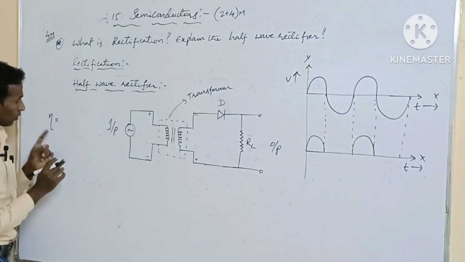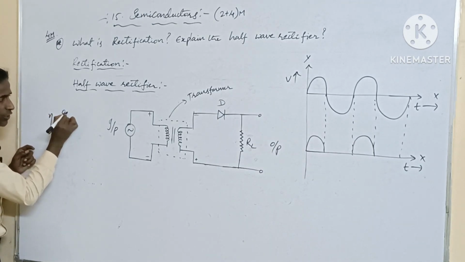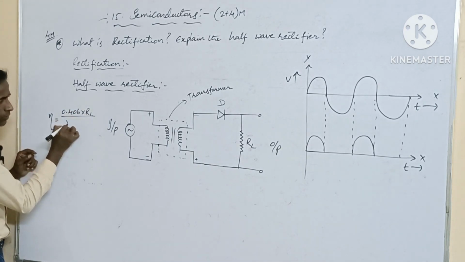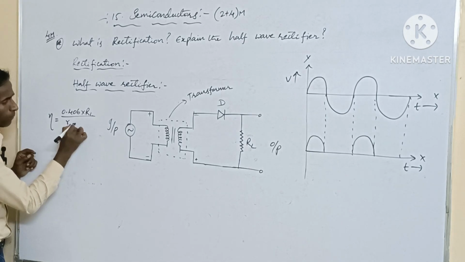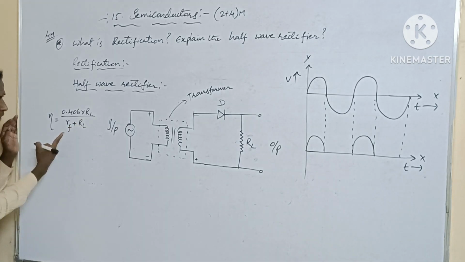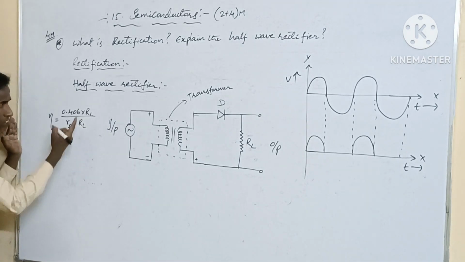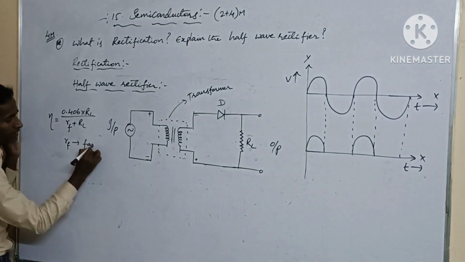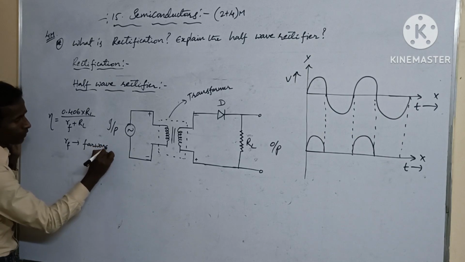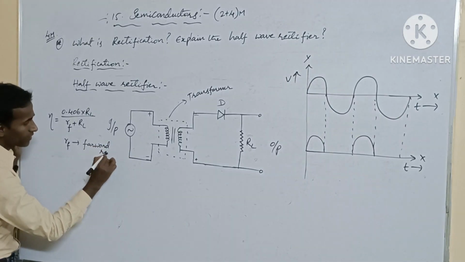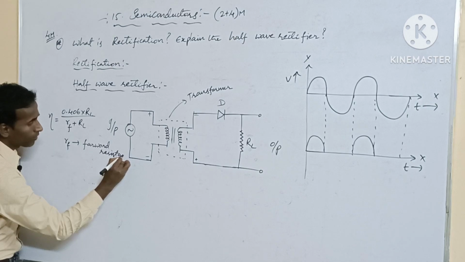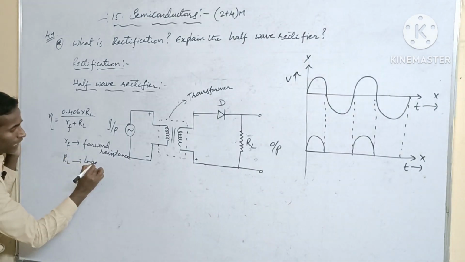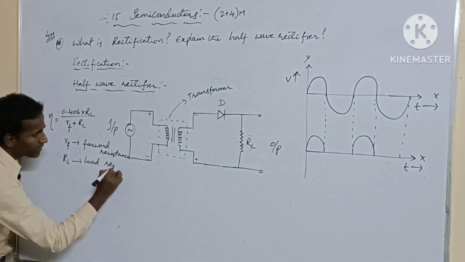Eta is equal to 0.406 into RL by rf plus RL, where RF is the forward resistance and RL is the load resistance.